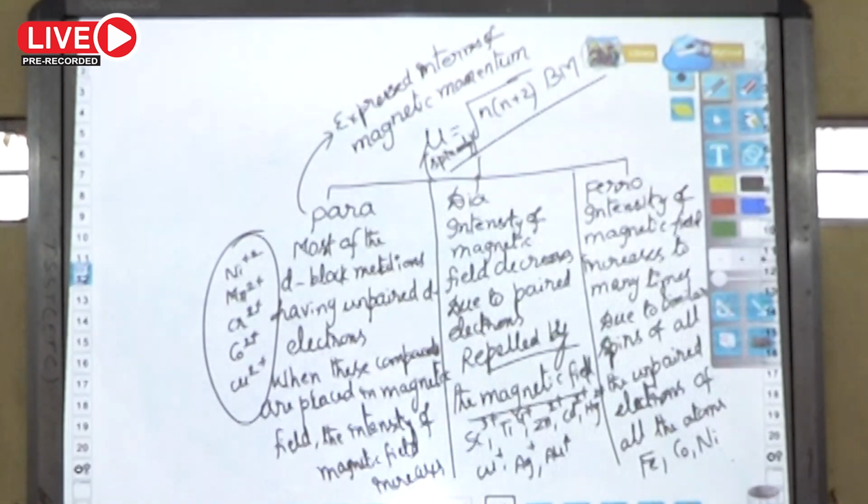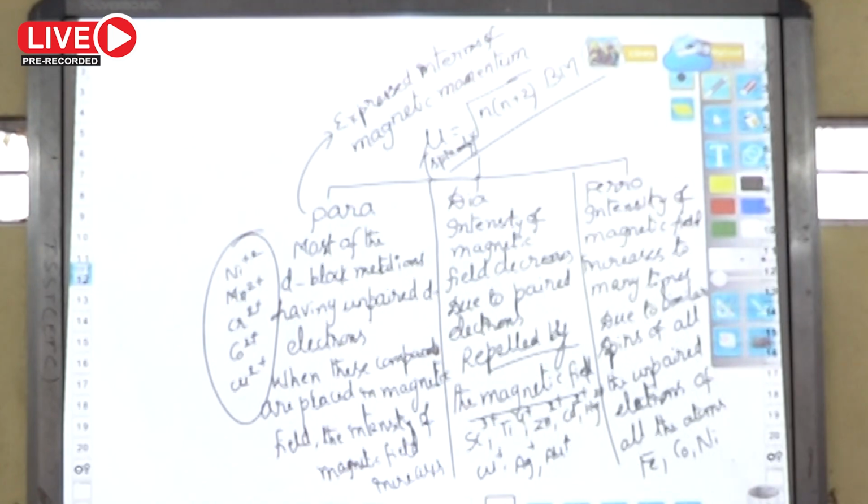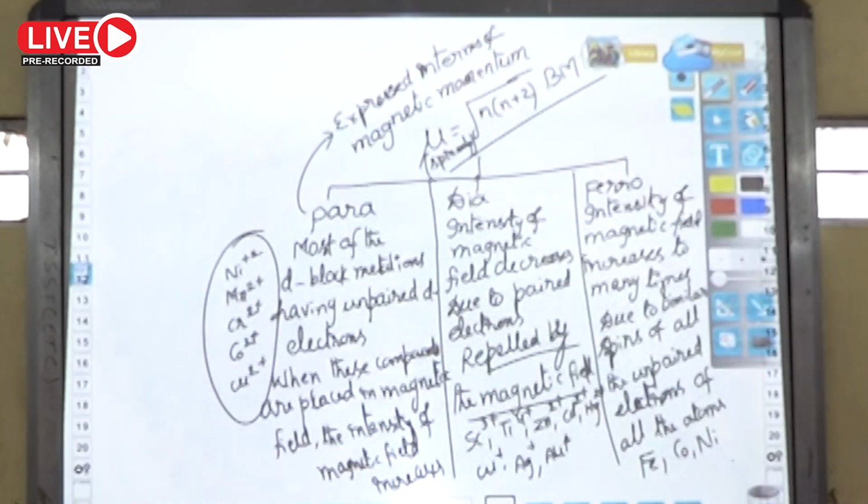But in case of 4D and 5D series, the spin-only magnetic moment is not the correct value we are getting. We had to add two factors. One is magnetic property due to spin, the other is magnetic property due to orbital motion. So write that point, next point.